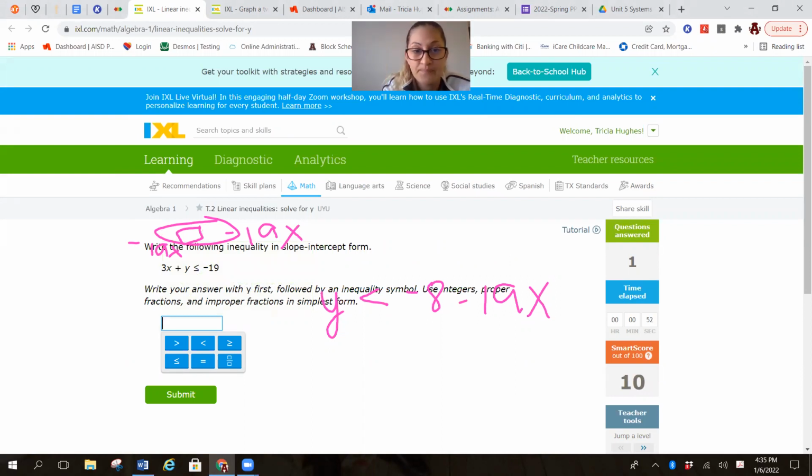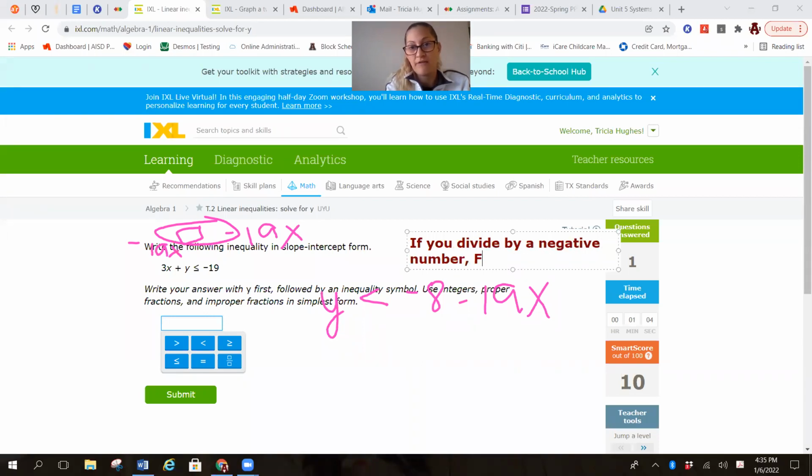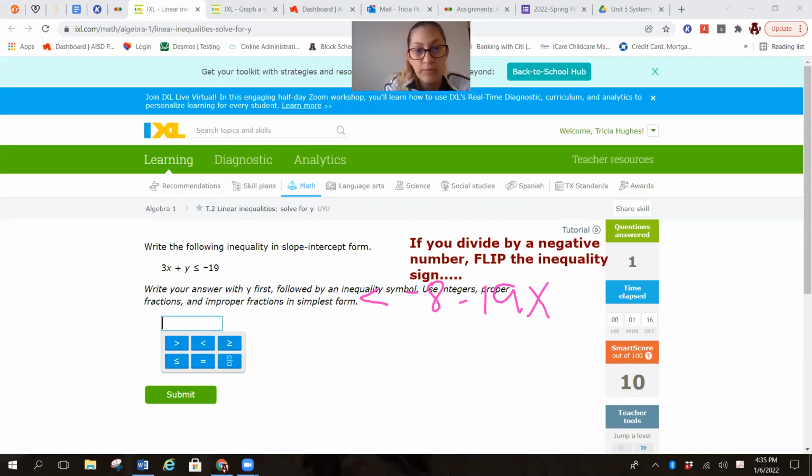I will say on this particular problem, if you divide by a negative number, you're going to have to flip the inequality sign. Okay, so again, you'll notice in this new example that y doesn't have a number next to it.